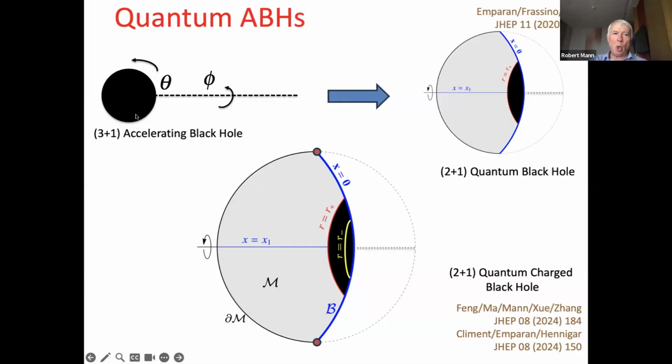There is a black hole that is rotating about the phi axis, and it's charged. So when you slice it with a brane, in the bulk it will have an outer horizon and an inner horizon. But likewise, on the brane, there is a 2+1 dimensional black hole that has an outer horizon and an inner horizon.